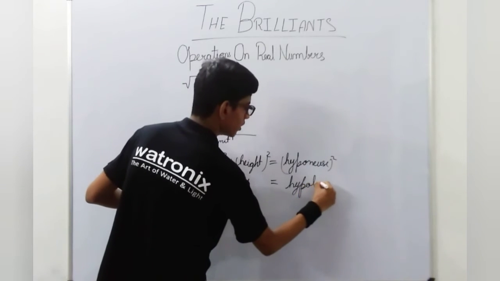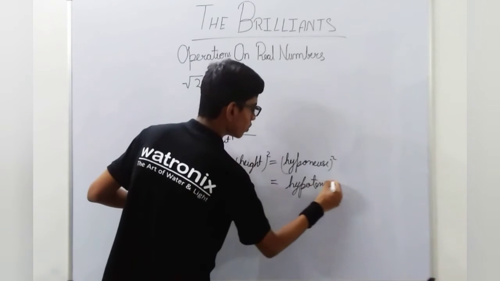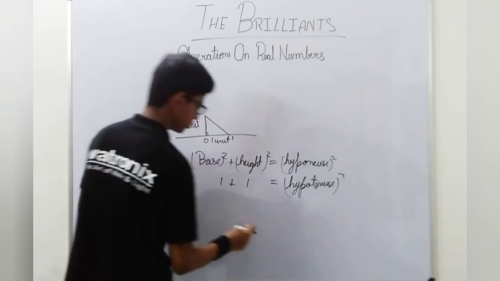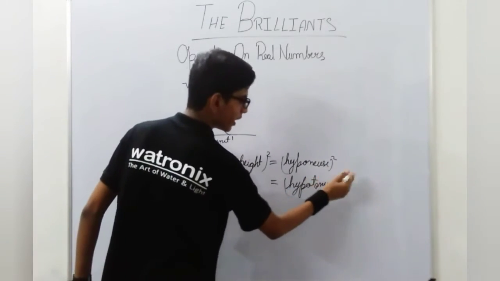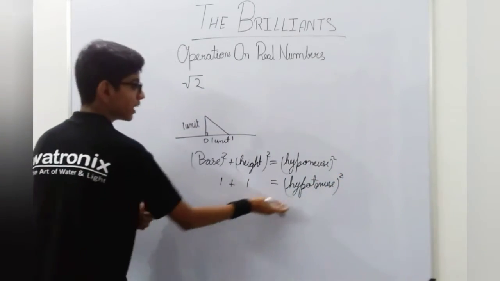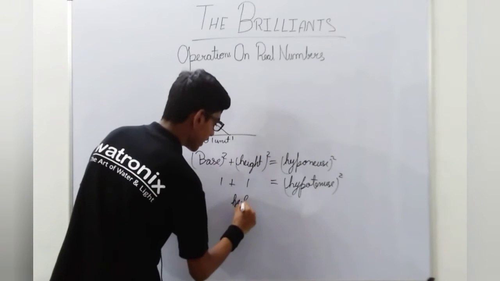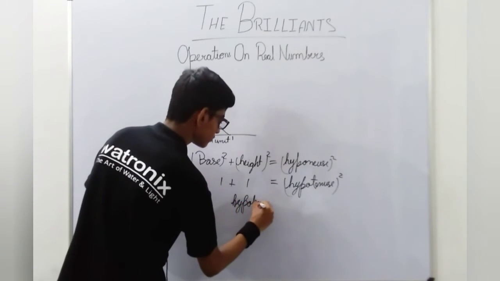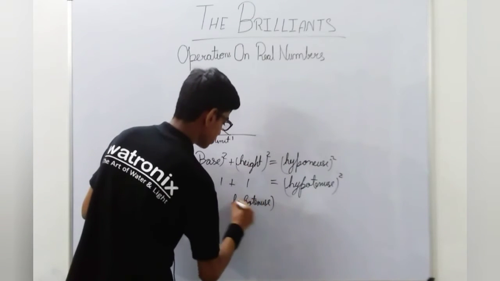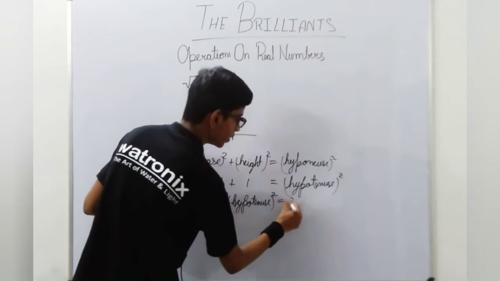Now 1 plus 1 will be 2. Hypotenuse square will be equal to 2.